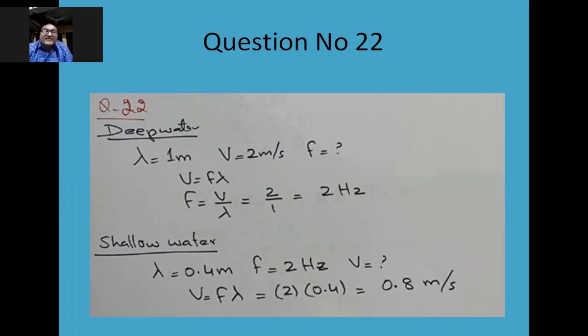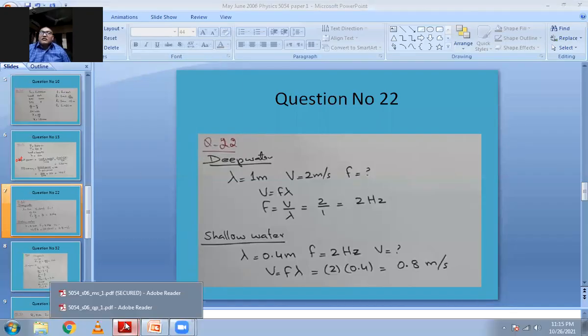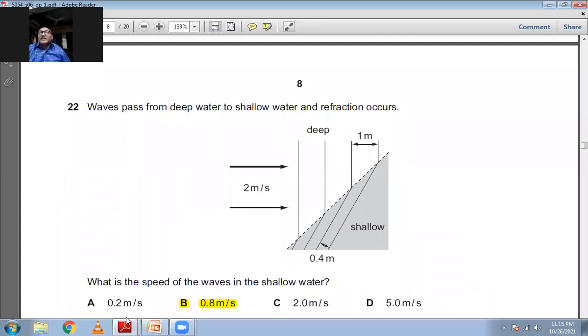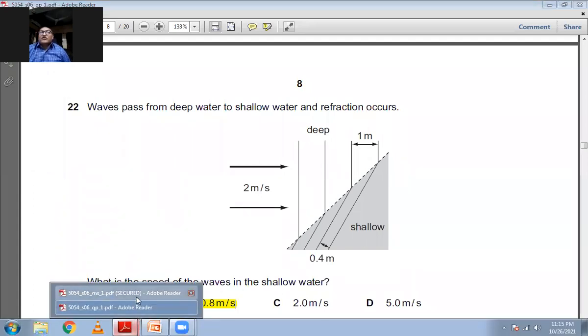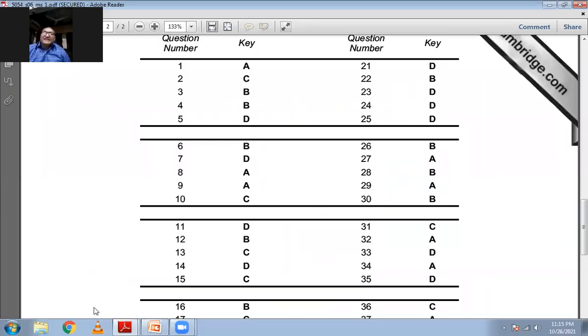So the answer will be 0.8 meter per second. Let's check. 0.8 meter per second. So let's check question number 22. B is the choice. Yeah, B is the right choice.